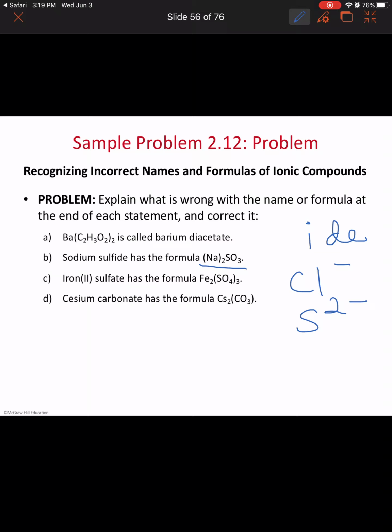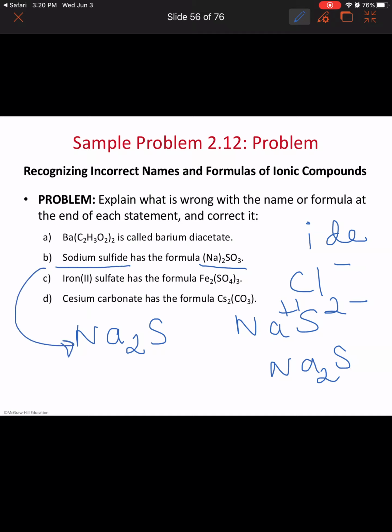SO3 is a polyatomic ion which is sulfite. So sodium sulfide would be Na2S because sulfur is minus 2, sodium plus 1. When you crisscross the charges, it should be Na2S.